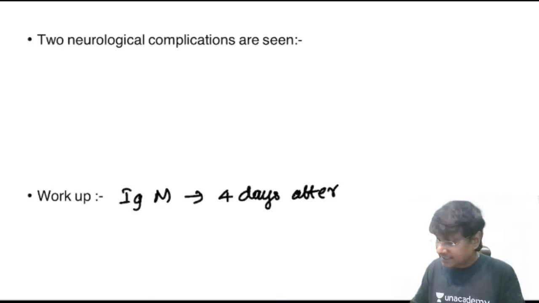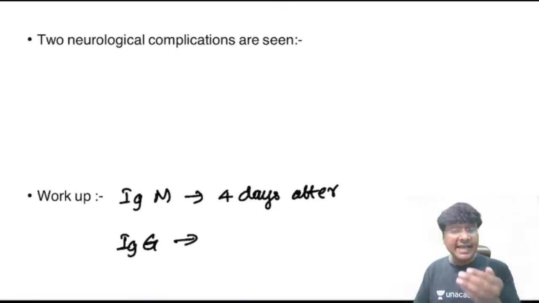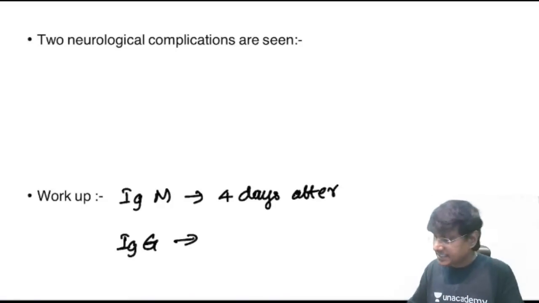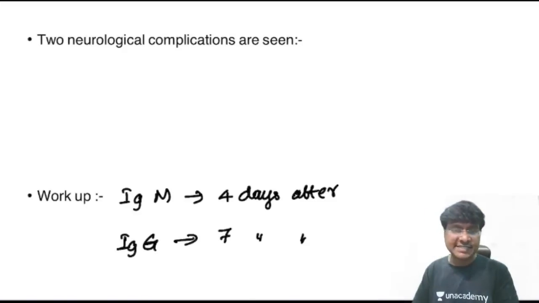Then the other important antibody is the IgG antibody. IgG antibody to Zika virus will appear 7 days after the symptom onset. So this is the workup for your Zika virus.